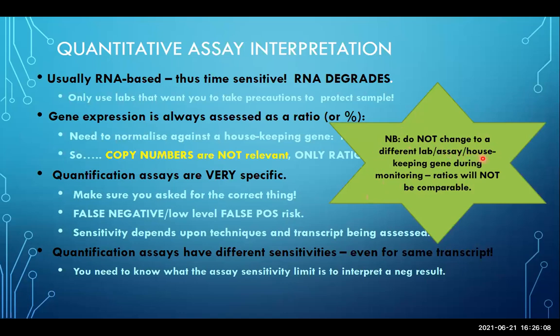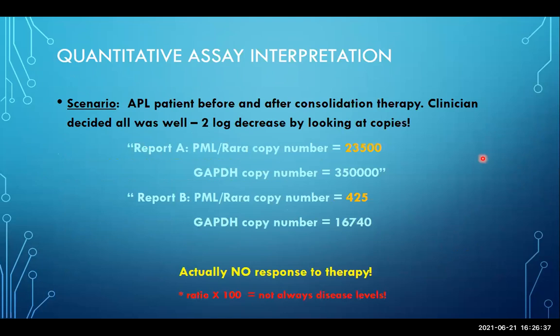The housekeeping genes are different, and the ratio that you're going to get of the transcript of interest to the housekeeping gene is not going to be the same, because it depends on how much of that housekeeping gene is actually expressed. So they could be very different. The ratio that you get from one lab using one kit is not the same as the ratio generated using a different kit from a different lab. So they're not comparable, and I'll show you examples of that now.